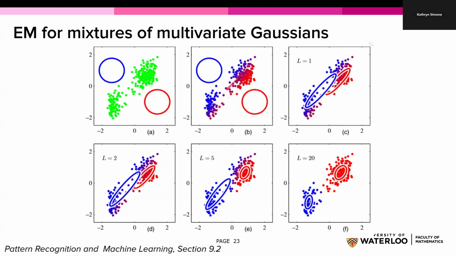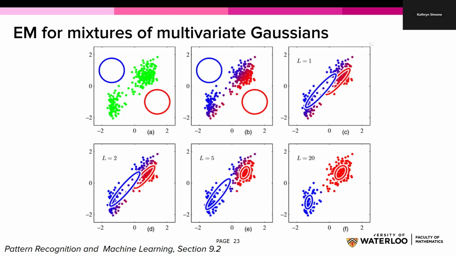And then points in the middle are kind of purple, and that reflects uncertainty about which mode generated it. And so, with these responsibilities in hand, we can then update the parameters of each Gaussian using the weighted estimates. So, for example, the updated blue Gaussian is going to reflect the points it was most responsible for, and the same goes for the red one.